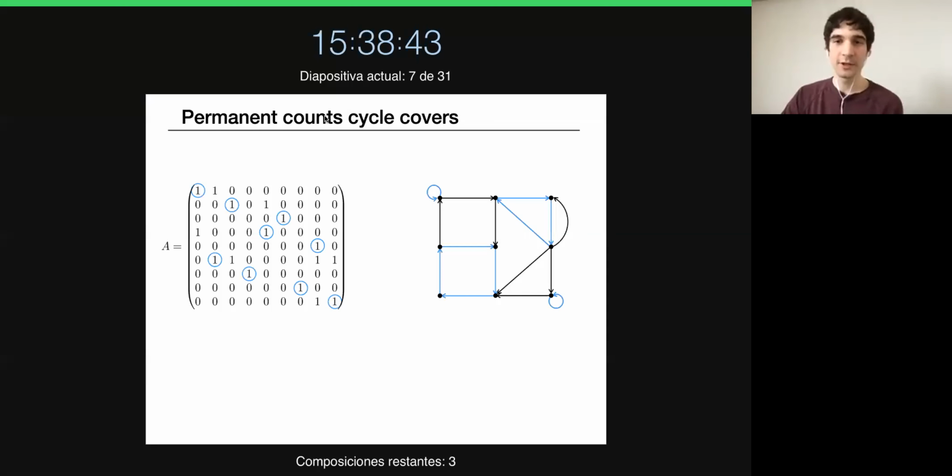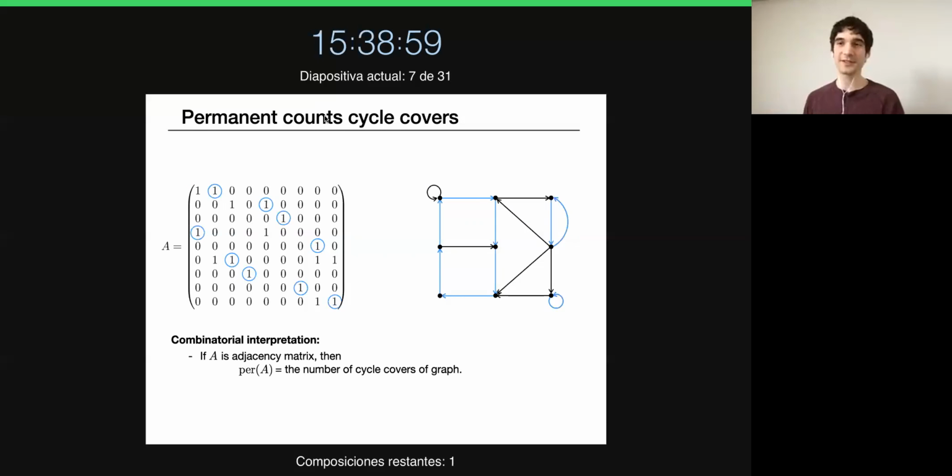So you get this nice interpretation that any cycle cover on the graph corresponds to a non-zero term in the permanent. In fact, the permanent of this matrix is 2, so there are exactly 2 cycle covers in this graph. So this gives us a very nice combinatorial interpretation of what the permanent is computing. If A is an adjacency matrix, then the permanent of A is simply the number of cycle covers of the graph.